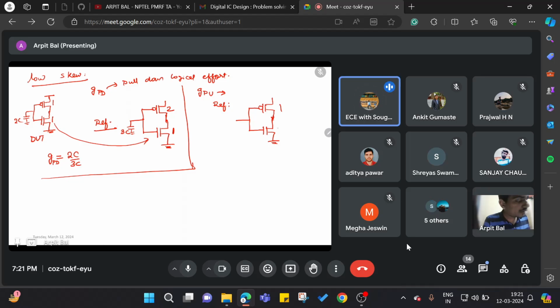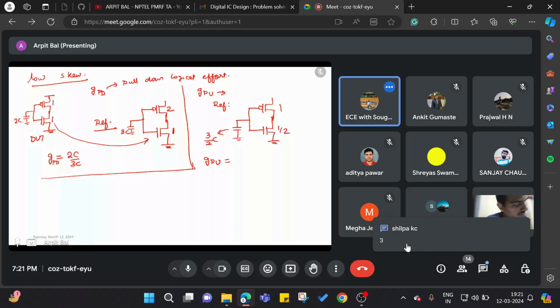Okay, so in this case, what will be my gate capacitance? 3/2C. And the DUT's capacitance is 2C. So what will be my GPU? 4C/3.